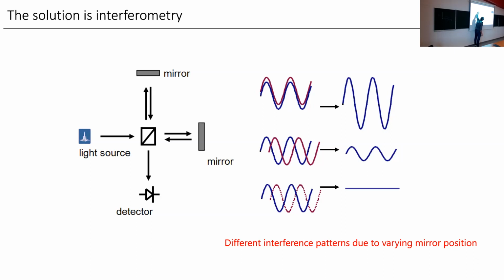This is one arm. This is a true mirror. It reflects the light back towards the beam splitter. In the beam splitter, half of the light is sent through, and the other half goes back to the light source. We'll ignore that part and just be interested in whatever happens with the rest.